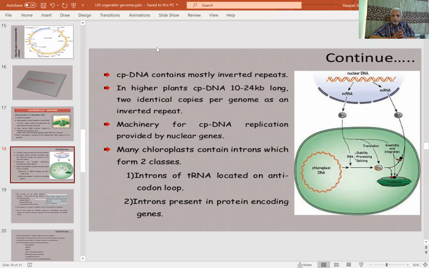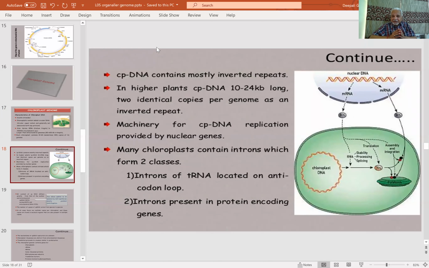The replication machinery is provided by nucleus in case of chloroplast. So whatever is required for DNA replication in chloroplast, that machinery is provided by the nucleus.